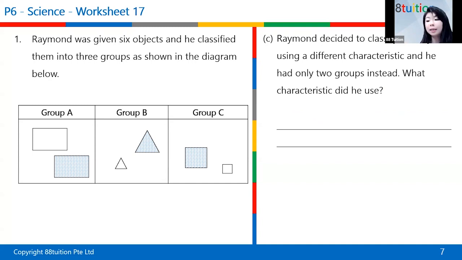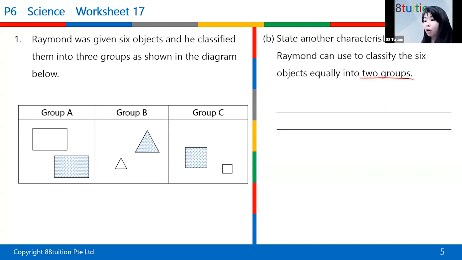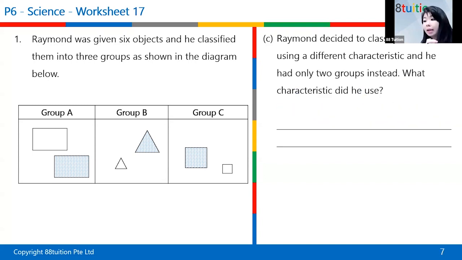Okay? Now, the third one. A lot of y'all tell me it's shaded or unshaded again. You cannot repeat your answer. All right, so what is another way that I can classify the objects into 2 groups? Anybody has any idea? Those who haven't seen this question before. Yes, Manisha. Number of sides. Very good, the number of sides.